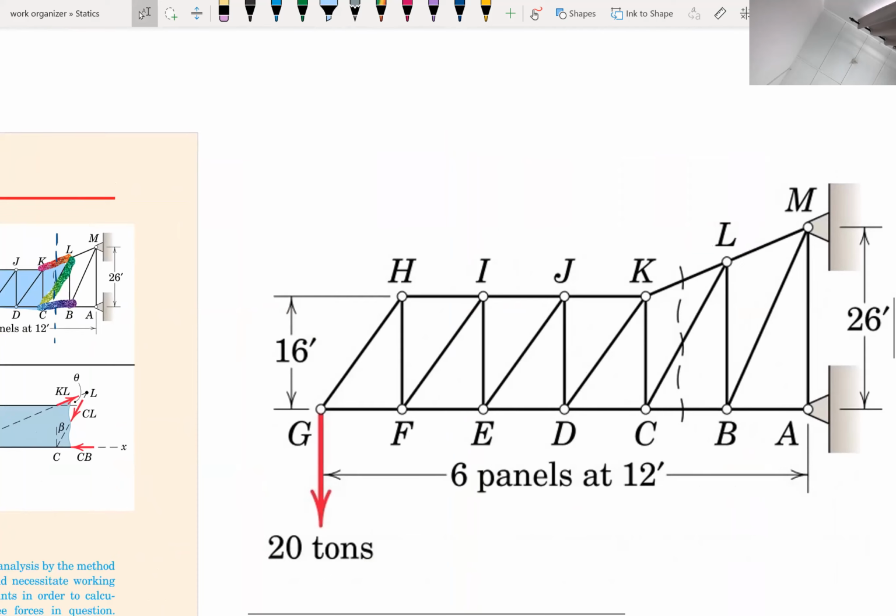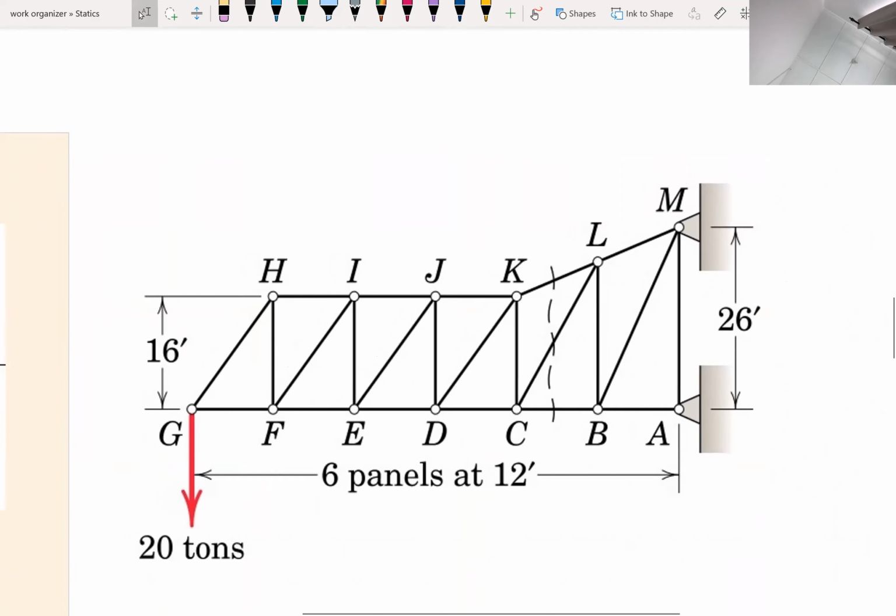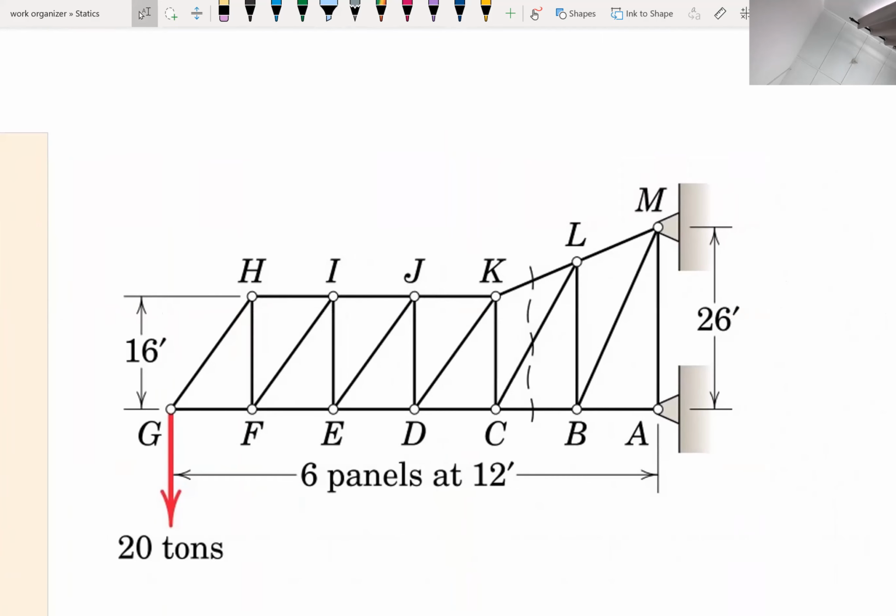I just copy the figure and make it larger. So this is the body. I'm going to analyze this part.